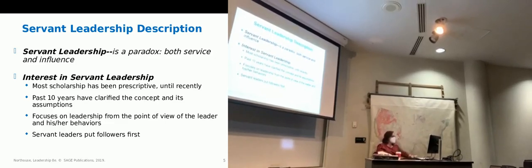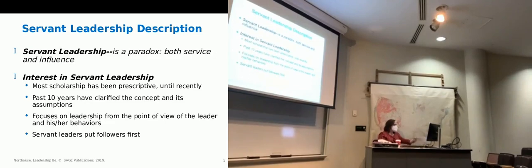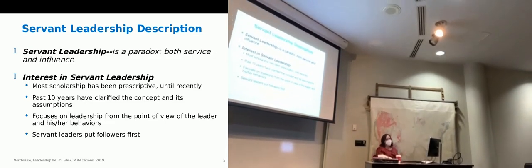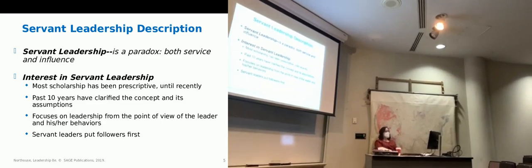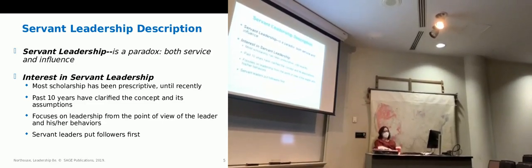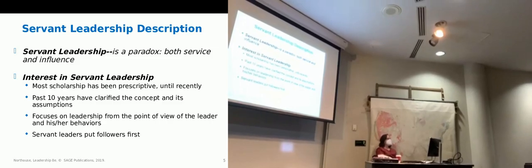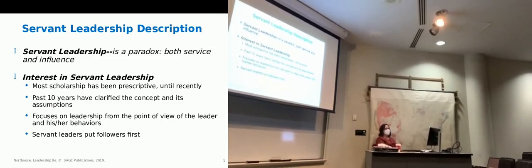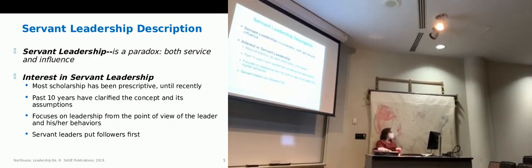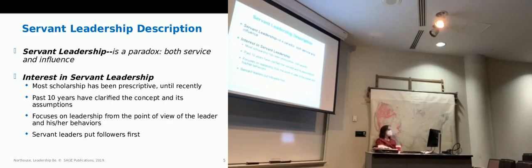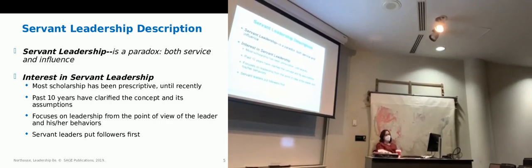And this is really one of the main theories beyond followership that really does put followers first. All other theories that we've talked about at this point, whether we've intentionally said it or not, have been coming from the stance of even if followers are involved, leaders still have a motive or goal that they're trying to accomplish.